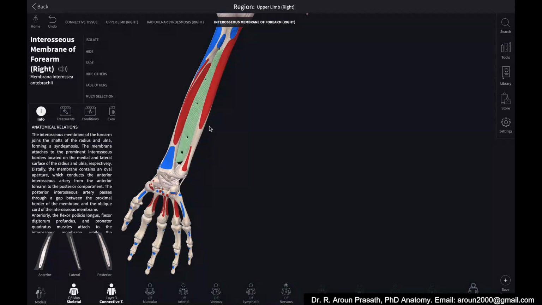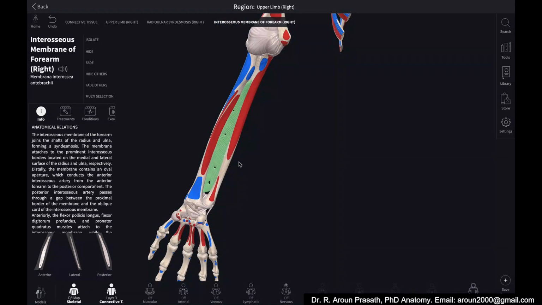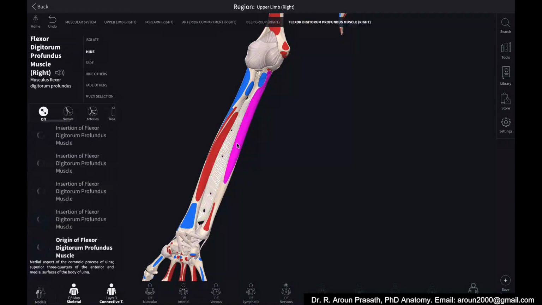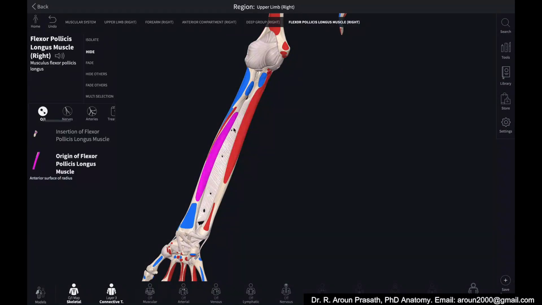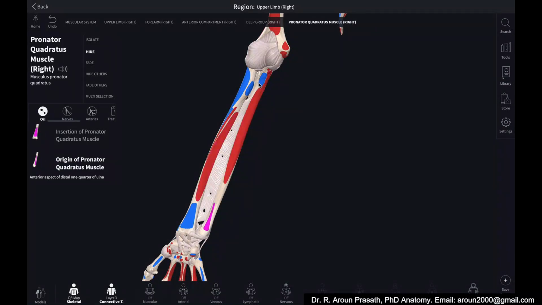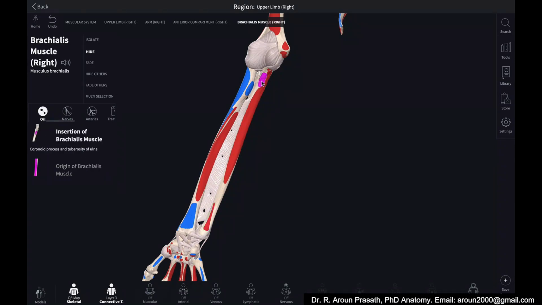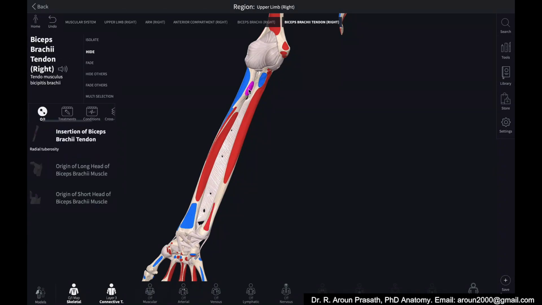In myology I will teach you separately about the muscles of the forearm, so that it will be very easy to understand that mechanism. The red points show various origins, and this is the insertion of the brachialis muscle, and this is the insertion of the biceps muscle.